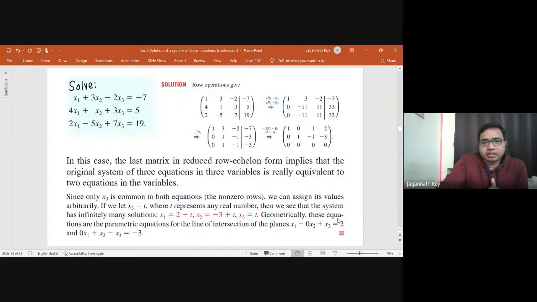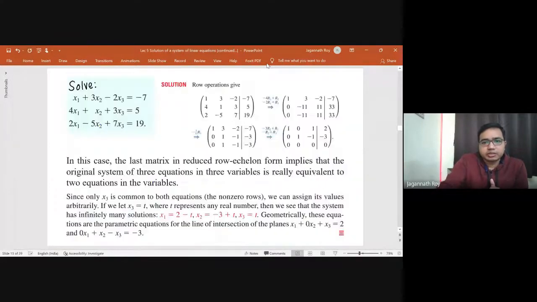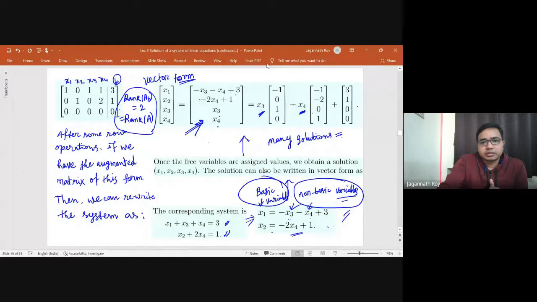Like we have seen here for this example. If you take x3 equals 1, 2, and so on, you are free to choose any value for x3. So in that case, we have many solutions.